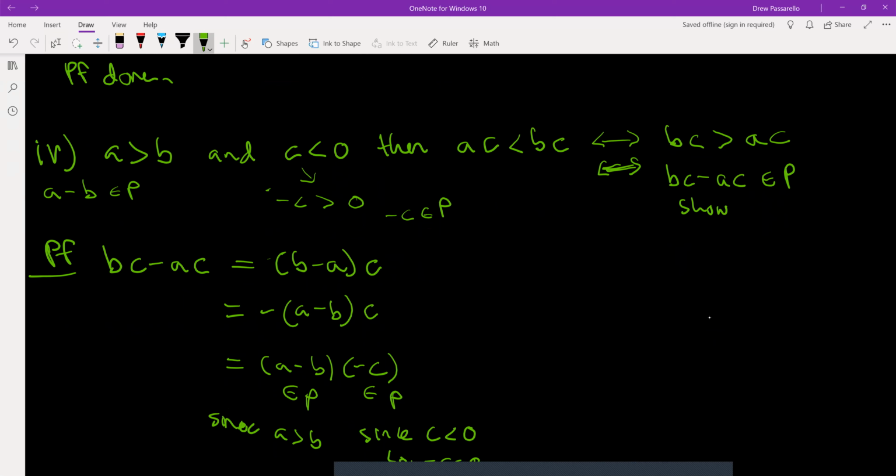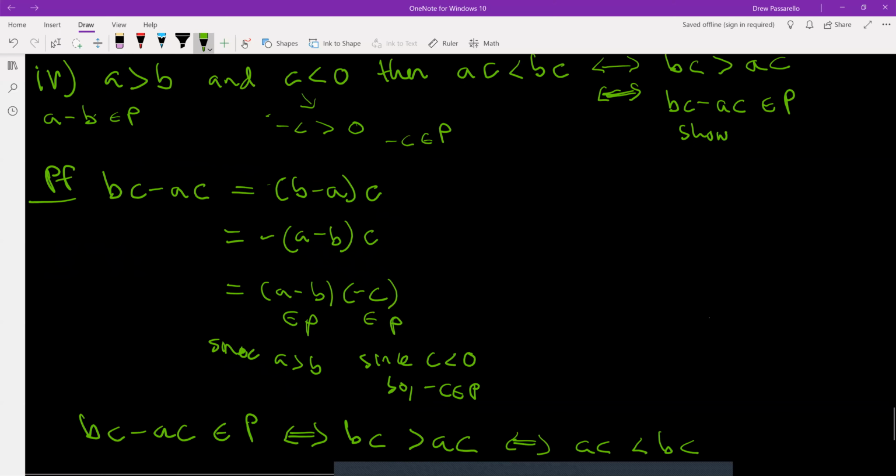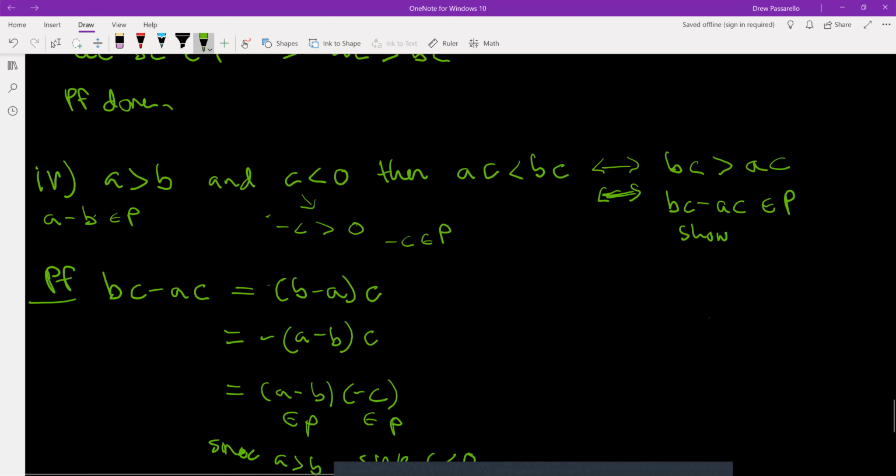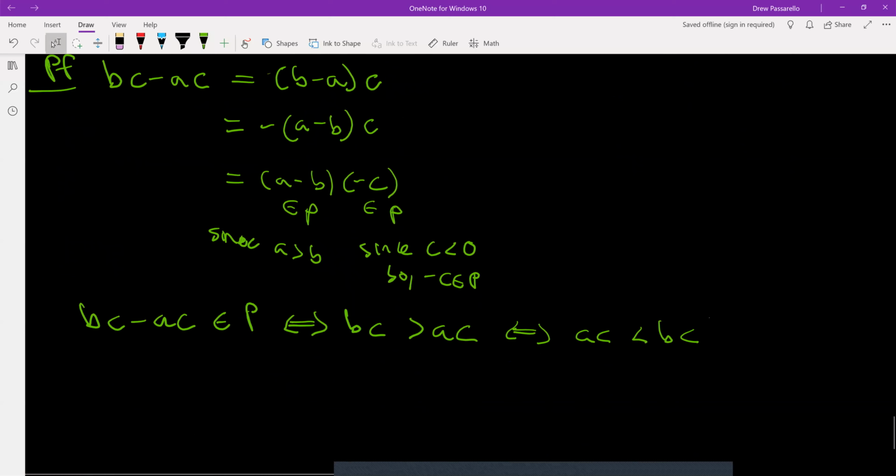So A greater than B means that A minus B is an element of P. But I can write B minus A as negative times A minus B. So in the parentheses, the A minus B is in P. And then I just rearranged it so the negative would be with C. And negative C is an element of P since C is assumed to be less than 0. So I've written it as a product of two elements where each element is in P, so that product has to be in P. All right, so that's it for this proof or this example.